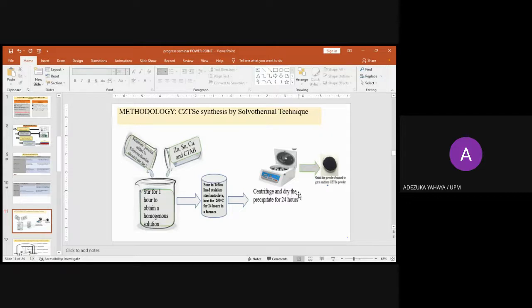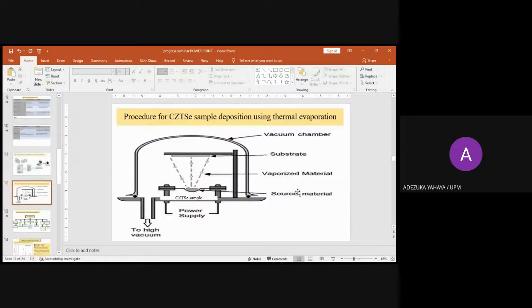Then I dried it for 24 hours. After that, I ground it so that I can have very fine powder particles. Then I did the fabrication of the thin film deposition, where I put the sample after I measured the desired amount.